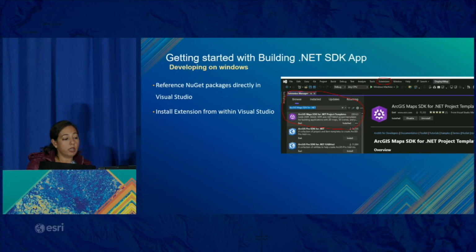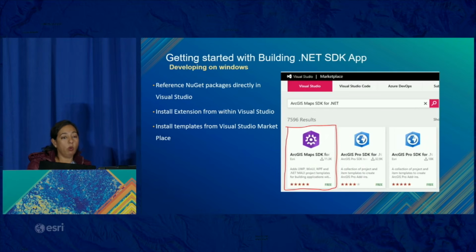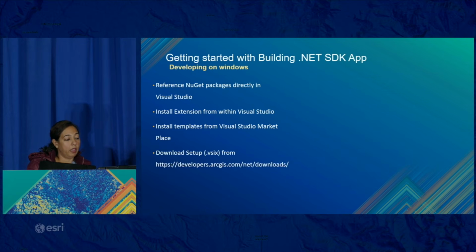Or you can install our extension from within Visual Studio. We also have our boilerplate template code available in Visual Studio Marketplace. So if you are a marketplace shopper, you can download the templates from Visual Studio Marketplace. And if you are familiar with developers.arcgis.com, you have access to downloading the V6 setup from developers.arcgis.com as well.